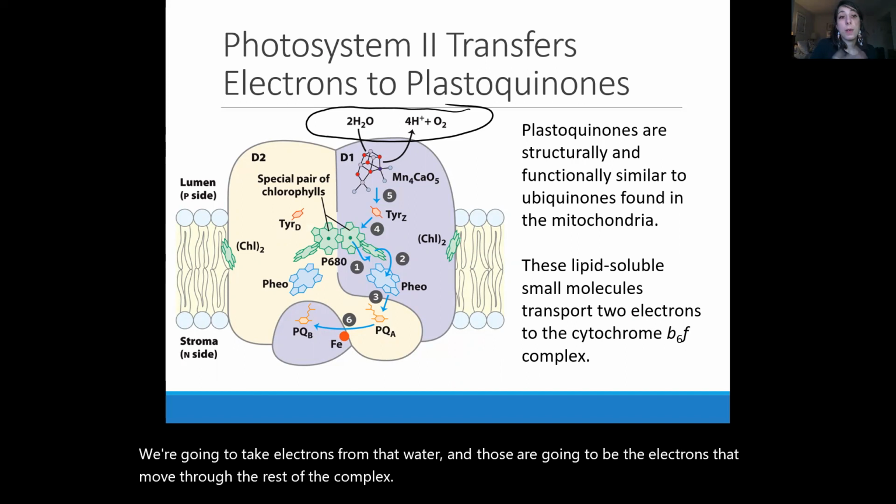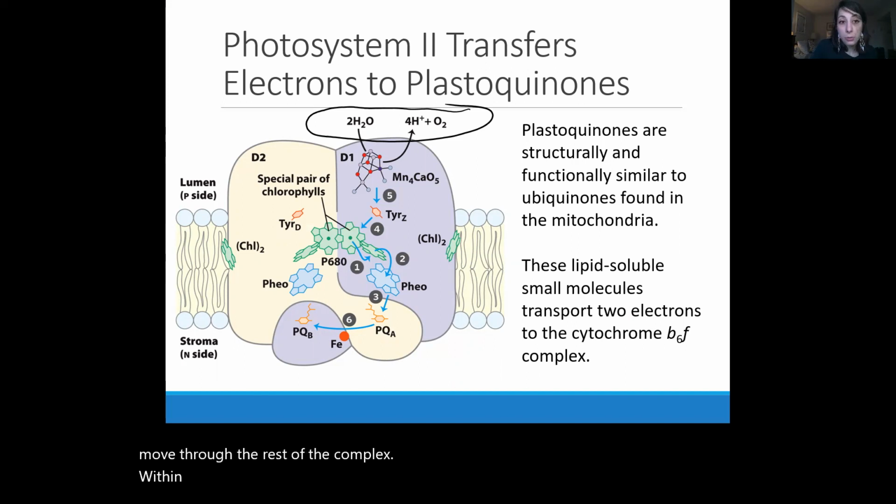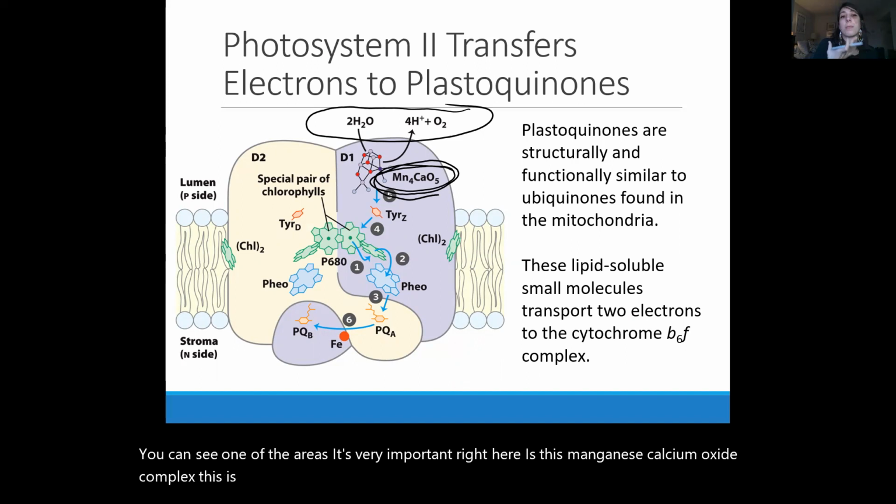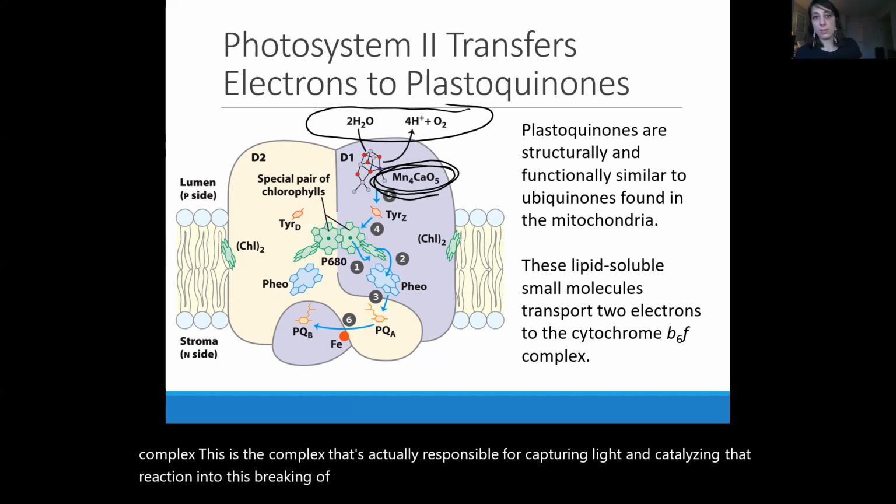Now, within this photosystem 2, you can see one of the areas that's very important right here is this manganese calcium oxide complex. This is the complex that's actually responsible for capturing light and catalyzing that reaction into this breaking of water and forming electrons, right?